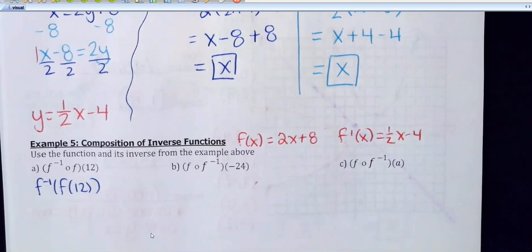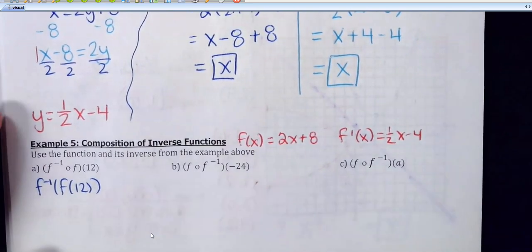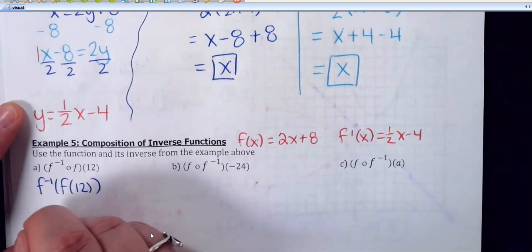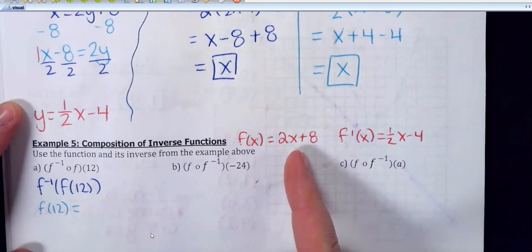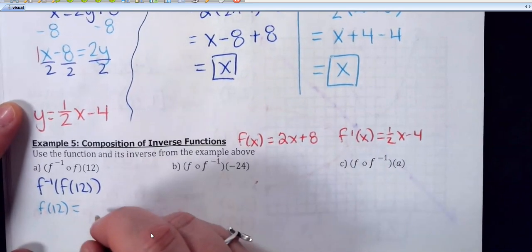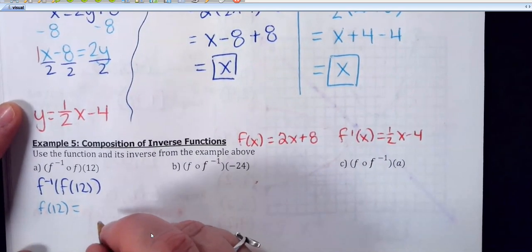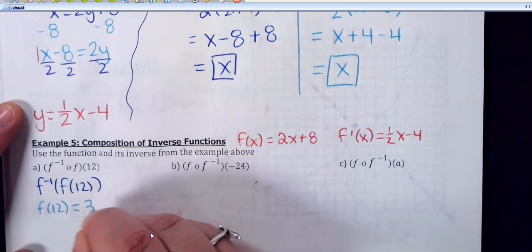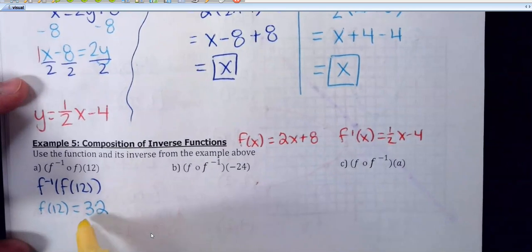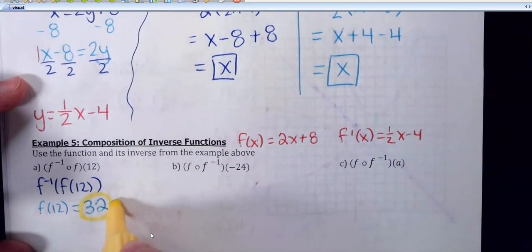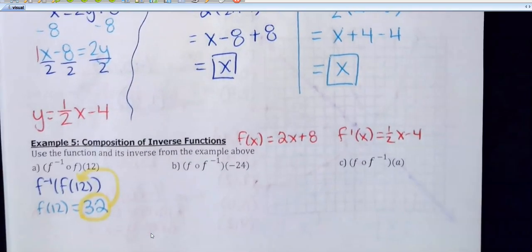So first thing I've got to figure out is, what is f of 12? All right, so the f of x function was 2x plus 8. So 2 times 12 would be 24 plus 8, that would be 32. All right, so I'm going to take 32 to get my final answer and plug that into the inverse.